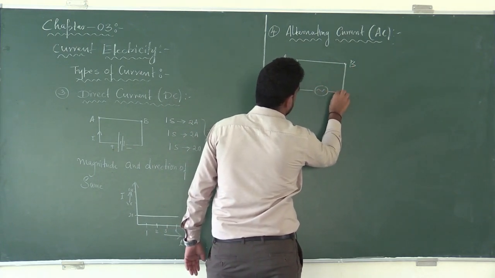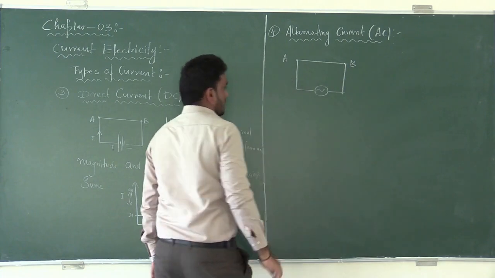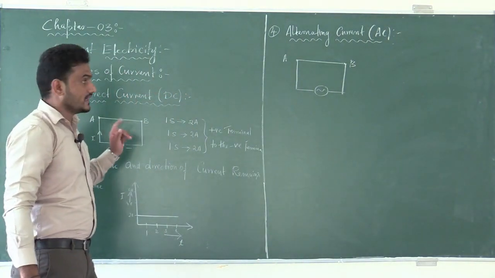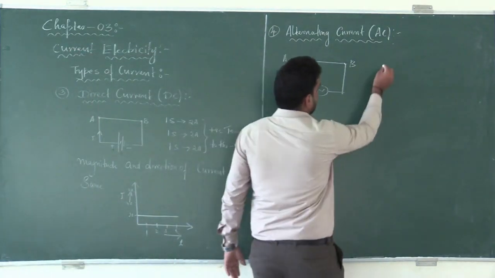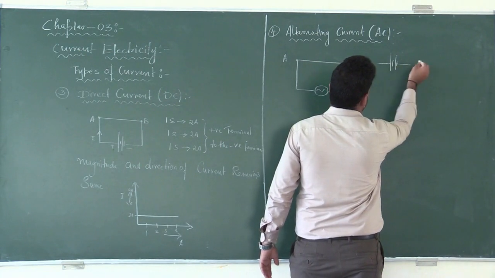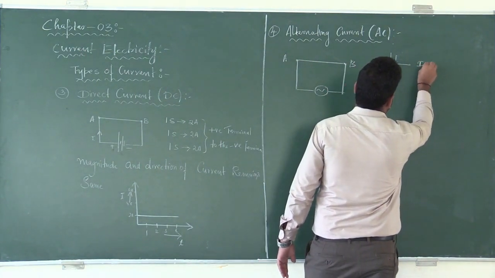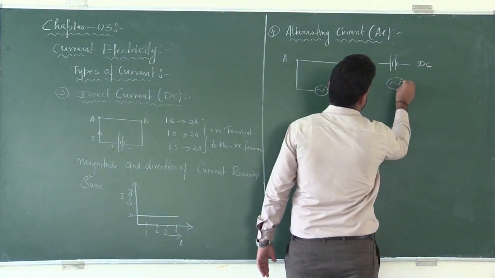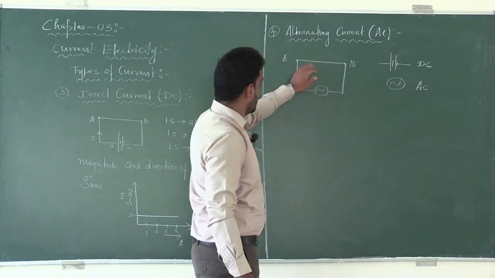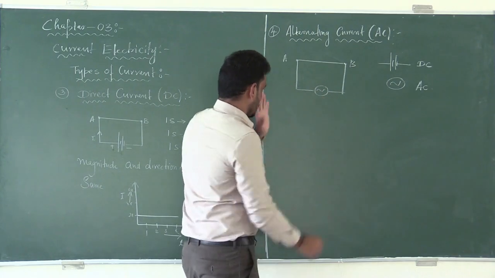Look at the symbol. This symbol represents an AC source, whereas this symbol represents a DC source. So here the metallic wire is connected across the AC source.